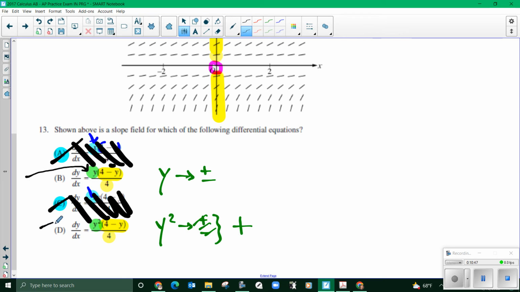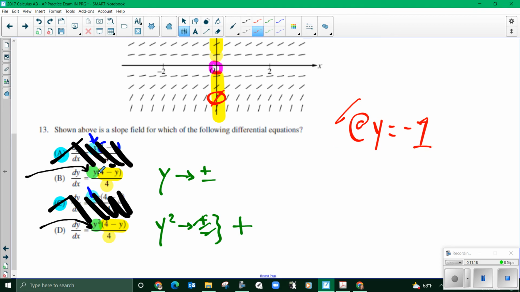If I have a negative value for choice D, I will square it and it will become positive. So let's pick a negative y value. The x value doesn't matter. Let's pick -1 for my y. This slope is a positive slope. It goes up like this at y approximately -1.